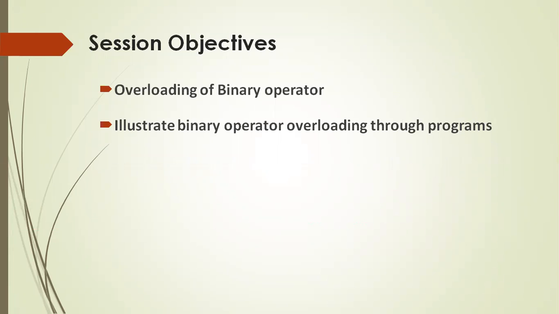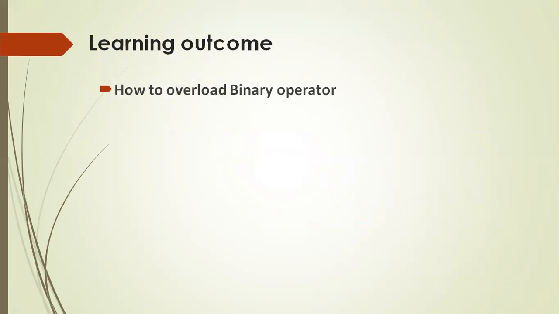In today's class, I will be illustrating overloading of binary operators, especially the arithmetic operators plus, minus, star, slash, for performing arithmetic operations on two complex numbers. At the end of today's class, you will learn how binary operators in general can be overloaded in C++.